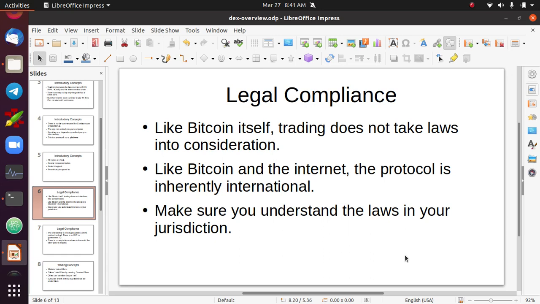If your local jurisdiction has laws against trading or using cryptocurrencies, you need to understand what they are, because this protocol does not respect them, is not aware of them, and so there's no one that's going to tell you, hey, you can't do that, because the law where you're geographically located says X. Like I said, it's just a protocol. It works just like Bitcoin or the internet. Laws are not taken into consideration.